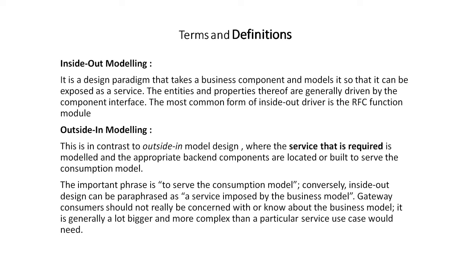Normally the business components are going to be your function modules, remote function calls, or business object relations in CRM. So what we have done today is we have followed this inside out modeling. Since there is a function module, we have just used that function module to get us the data. That is what we have done. So what is outside in modeling? In the outside in modeling, we will look at our service first.